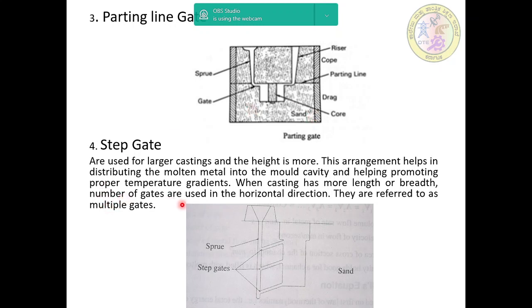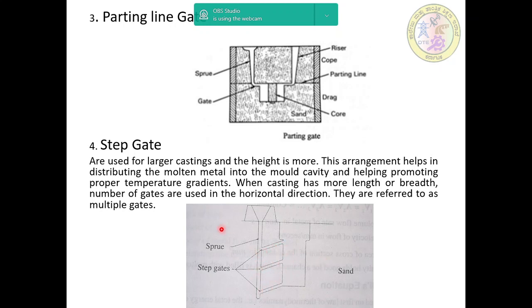Next we'll go for step gate. Here, as shown in the sketch, these are step gates. This is the pouring basin, this is the runner, and this is the small passage through which the molten metal will enter. Suppose the thickness is more and the size is more, then one gate is not enough, so you have a number of gates.